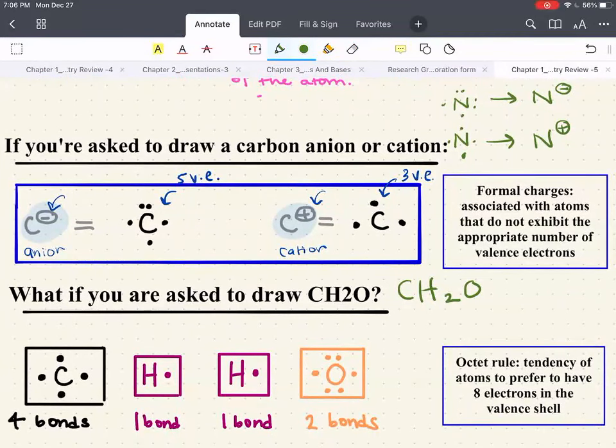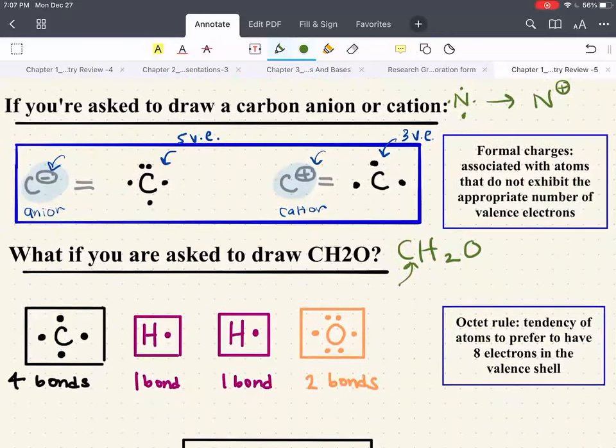The first thing you want to do when you get a problem like this is draw each atom individually with its valence electrons. So you have a carbon atom, and we're going to draw carbon with 4 valence electrons. This molecule has no charges, so we're just drawing the neutral valence electrons for each atom.